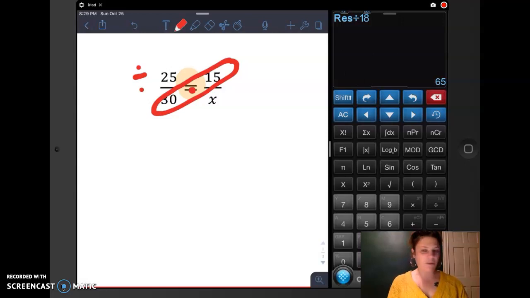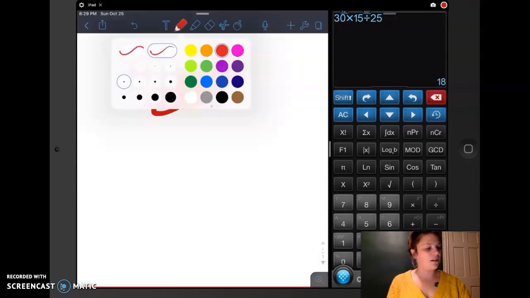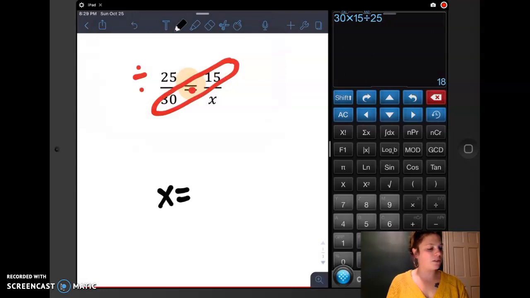So if you wanted to save some time, it doesn't matter how you put them in, 35 times 15, or you could do 15 times 35. Both are correct, but make sure you do divide by 25 at the end, and we get x equals 18. So you multiply the ones that are across and divide by the one that is left out.